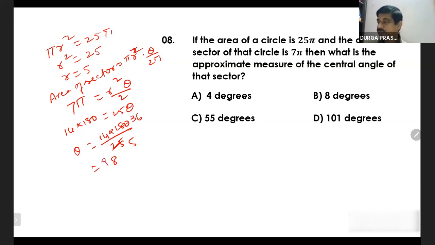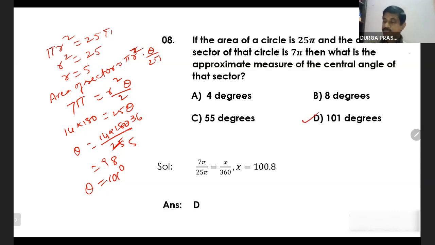So as this is 5.7 point something, I can take it as 101 degrees, near to 101 degrees. So option should be D. Okay. This is it. Let's give a second time, children.